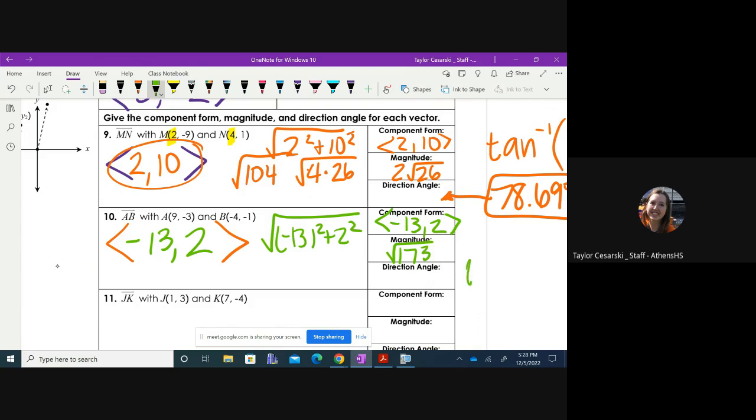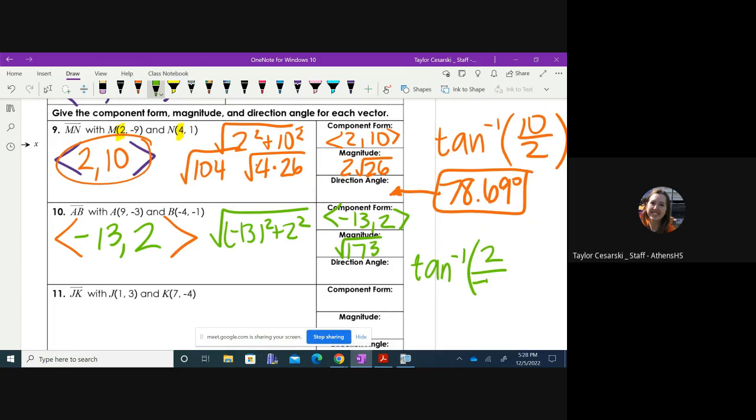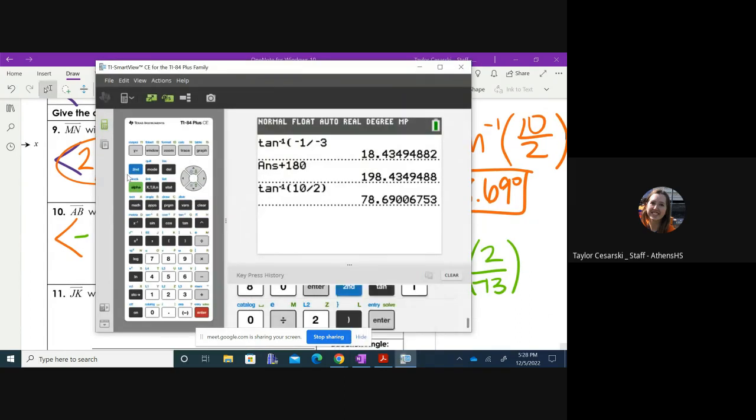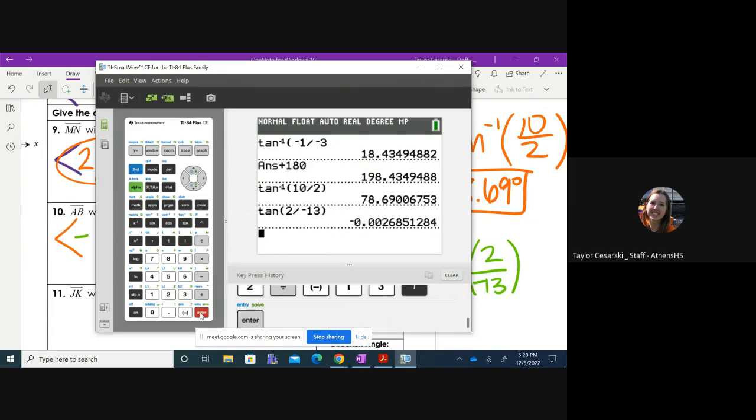Then the direction angle, tangent inverse of 2 over negative 13. I'm going to type that in my calculator. That gives me negative 0.002.